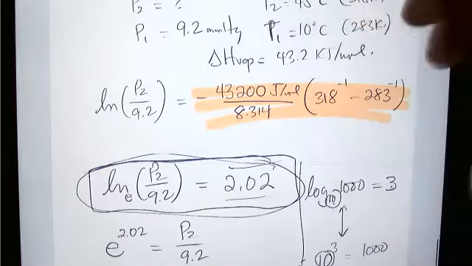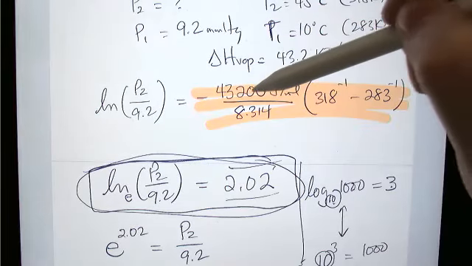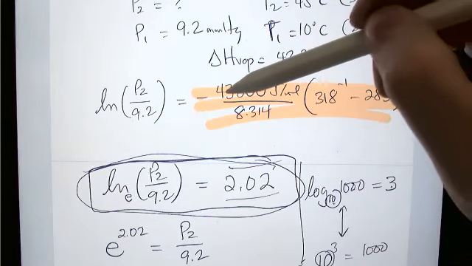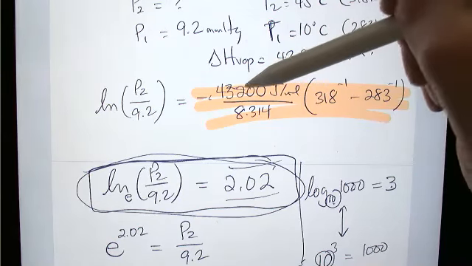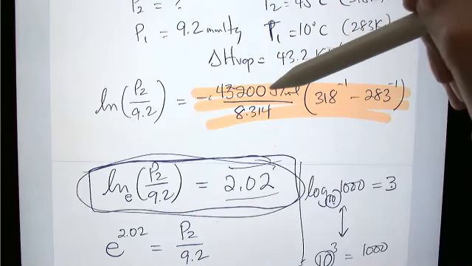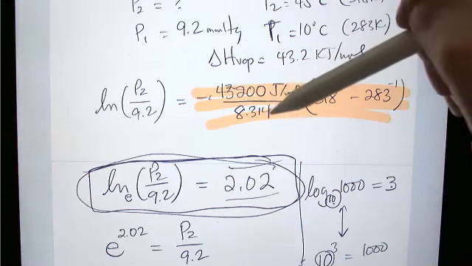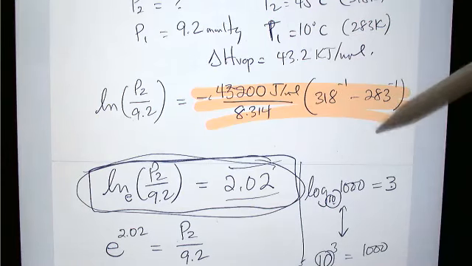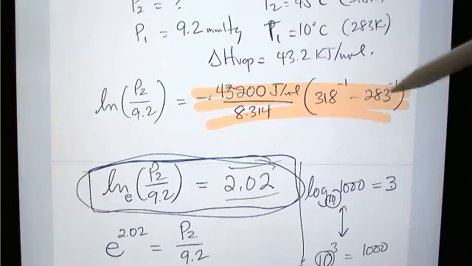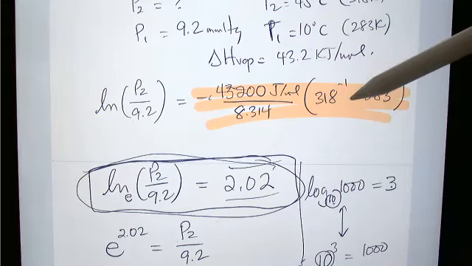So go back to this. Type it in again. Negative 43,200 divided by 8.314 times, open a bracket. Did you switch to kelvins in there? Yep. Because I use 0, so it's just negative 273.